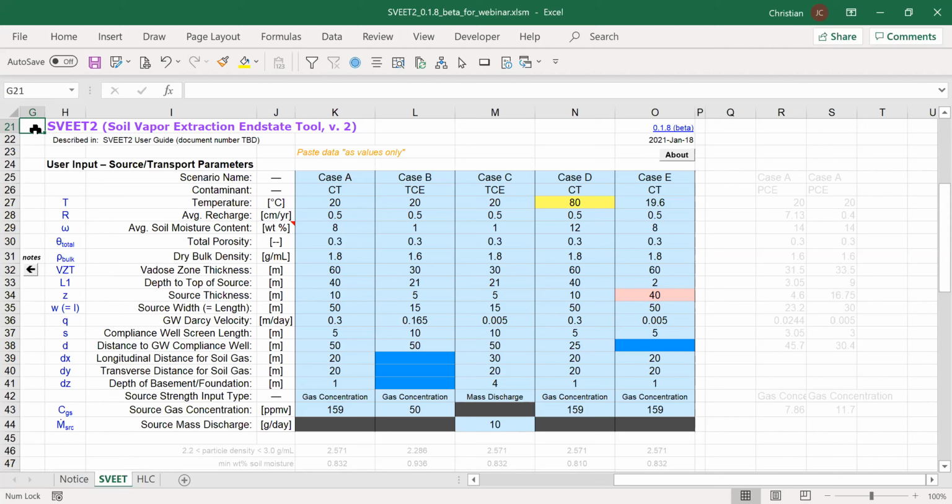It's a multi-phase system: gas, water, and oil for the contaminants. And so the Darcy velocity comes into play as there's mass transfer into groundwater and contaminant is carried down gradient. So that's where that's used.